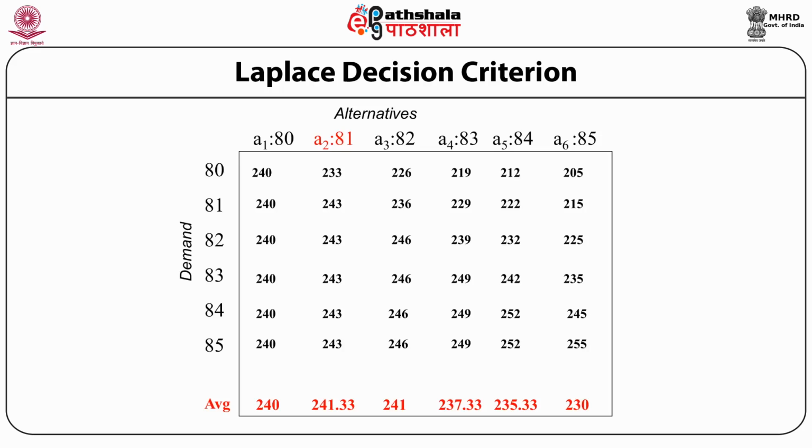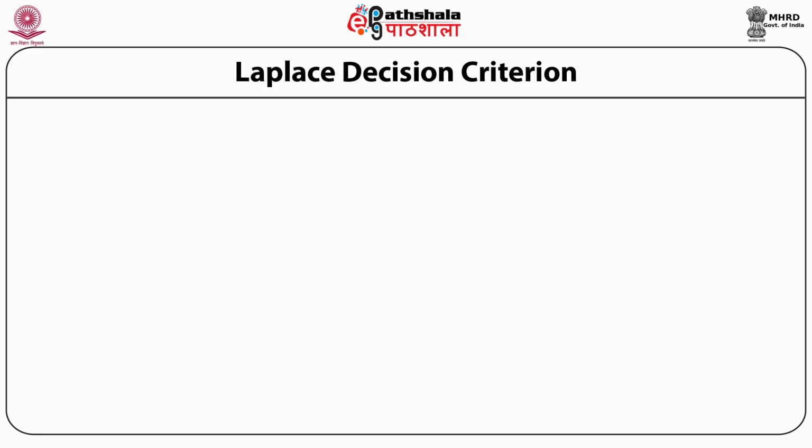So now, as per the Laplace decision criterion, we will go with the alternative that gives us the highest mean payoff. So here it's very easy to observe that the highest mean payoff, or we can say average payoff, is for strategy A2. That means the retailer places an order for 81 packets.